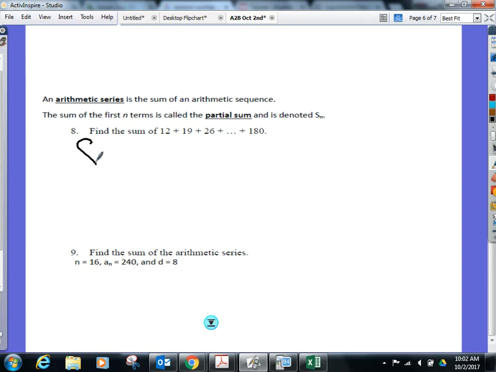Ready? S, capital S, what do you think that stands for? Sum. Yep. Subscript n. So the sum of a certain amount of terms is equal to the amount of terms we're adding up times A1 plus A subscript n, all divided by 2.